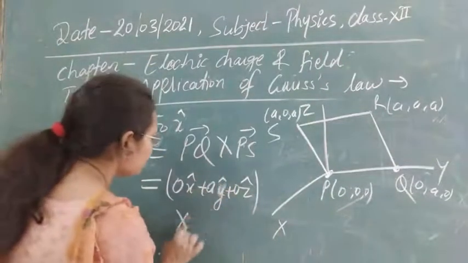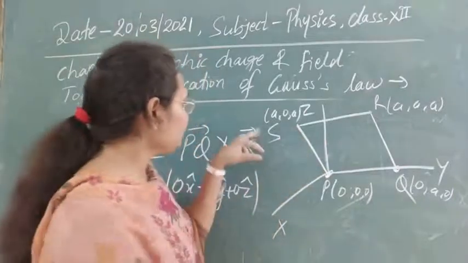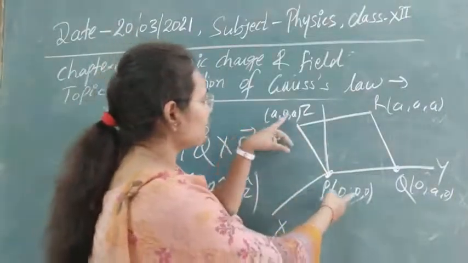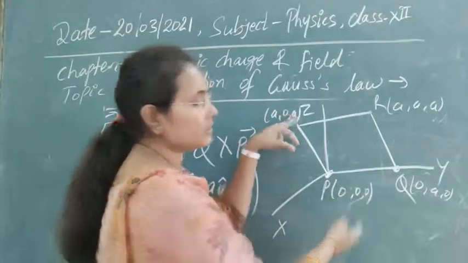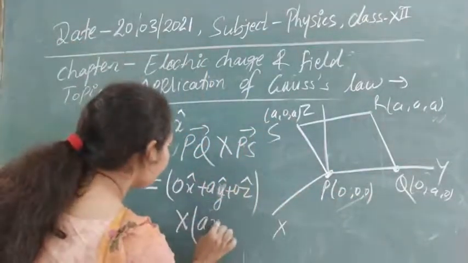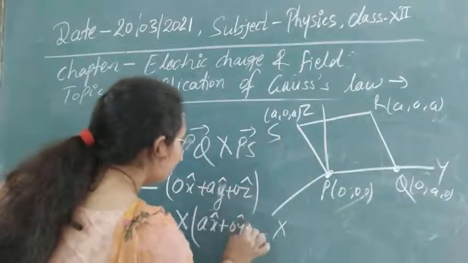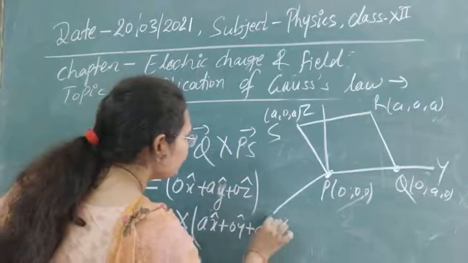And for PS, the distance along x is a, along y is 0, and along z is a again. So this will be equal to a x cap, 0 y cap, and a z cap.